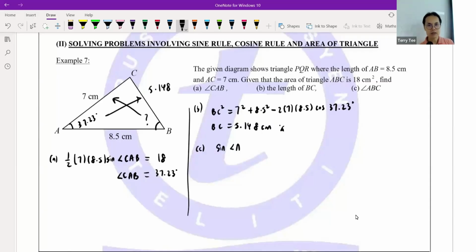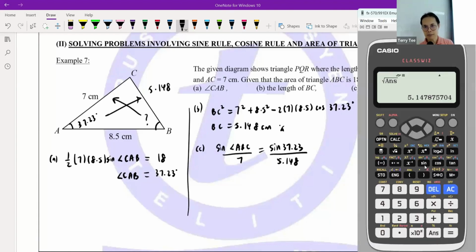Sine angle ABC divided by 7 equals sine 37.23 divided by 5.148. Use your calculator: sine 37.23 divide by 5.148 multiply by 7. Whatever I get, shift sine, answer equals 55.35.